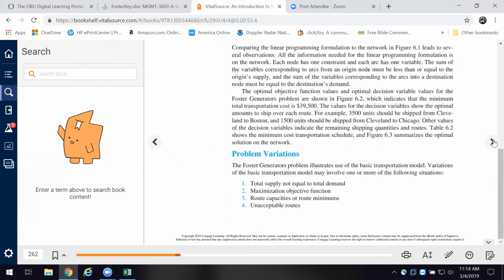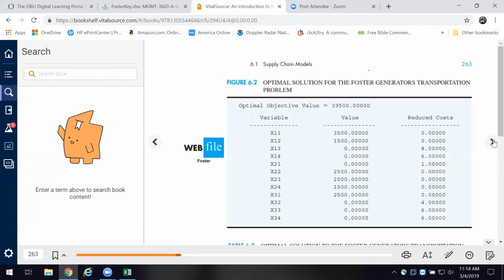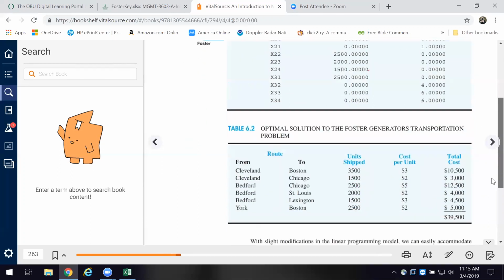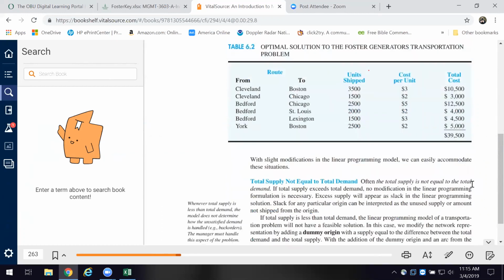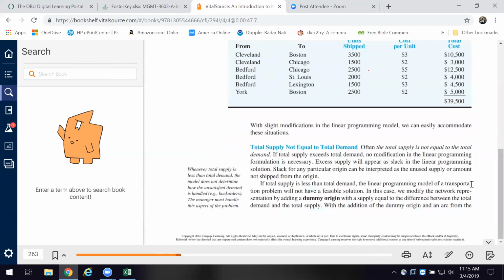And then this is from that little Lingo program that they've got up there, where they give you the objective value, outcome, and the variables, and then the reduced costs. So we're looking for any of these variables where we reduce costs. And here's the optimal solution. Then they walk you through some of those questions.